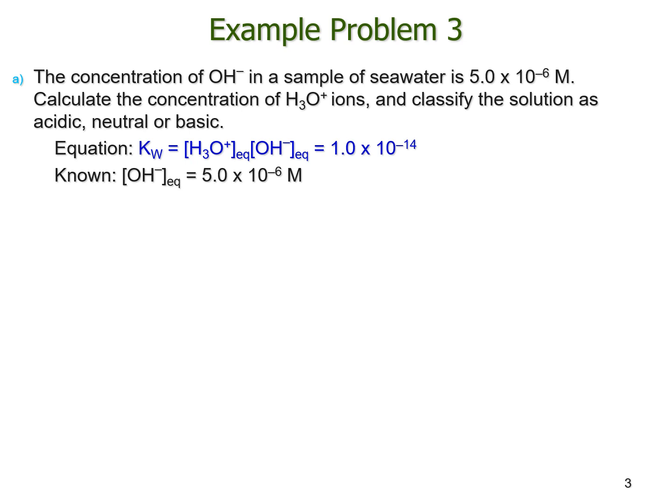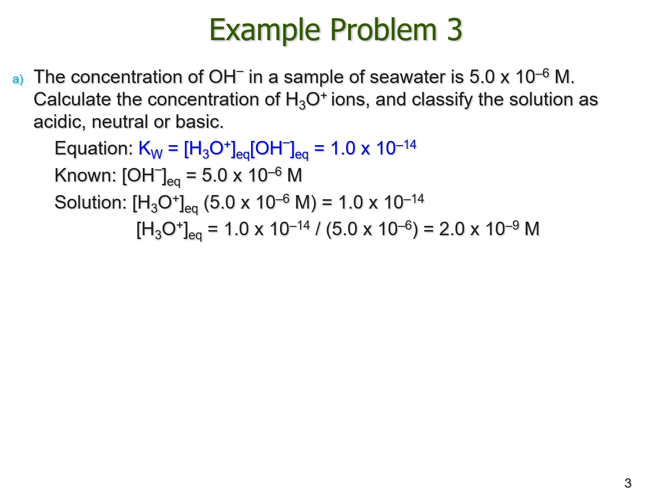All right, so according to the question, we know the equilibrium concentration of hydroxide is 5.0 times 10 to the negative 6 molar, and Kw is known, hydroxide concentration is known, so the concentration of hydronium can be solved. Through a series of calculations, we find it is 2.0 times 10 to the negative 9th molar.